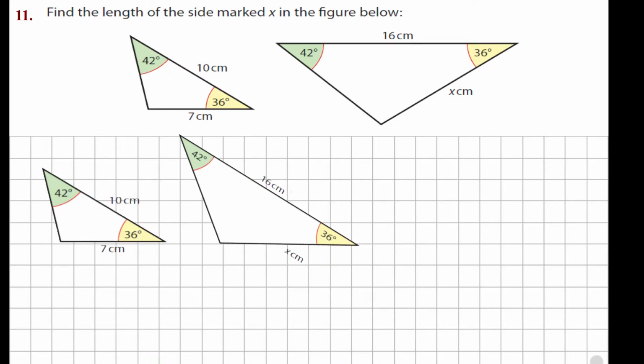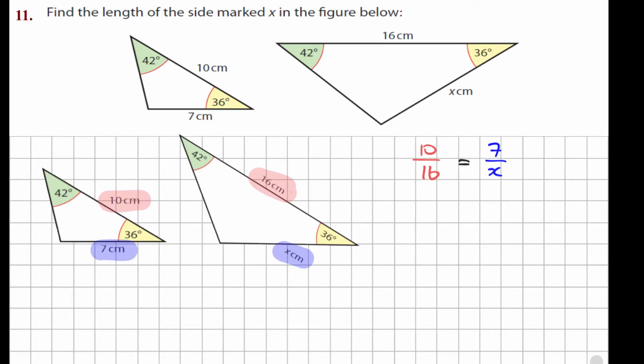So I'm going to map the corresponding sides, and I'm going to keep the 10 and the 16 together, and I'm going to keep the 7 and the x together. The way I'm going to solve this one is I'm just going to use fractions. So 10 over 16 will be equal to 7 over x.